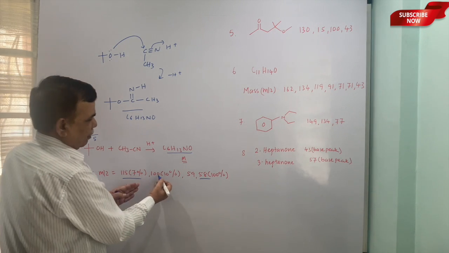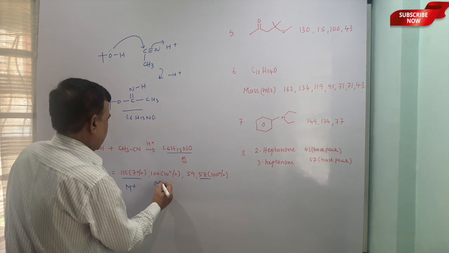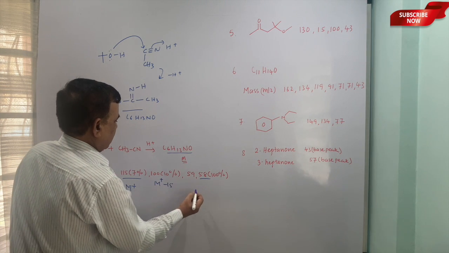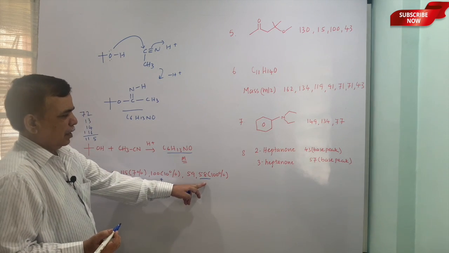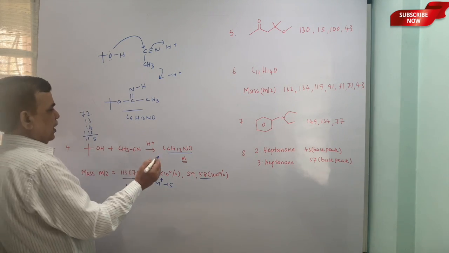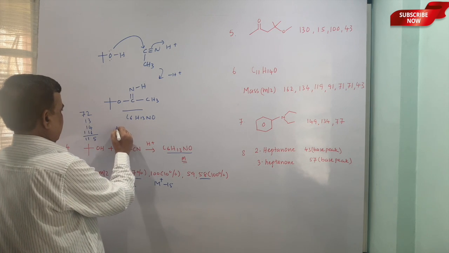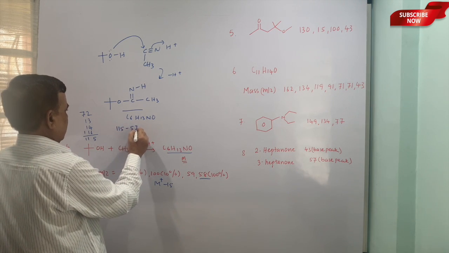Now you need not explain this. This may be M plus minus 15, and this 58 is required to be explained. 58 is loss of 57, that is 58.